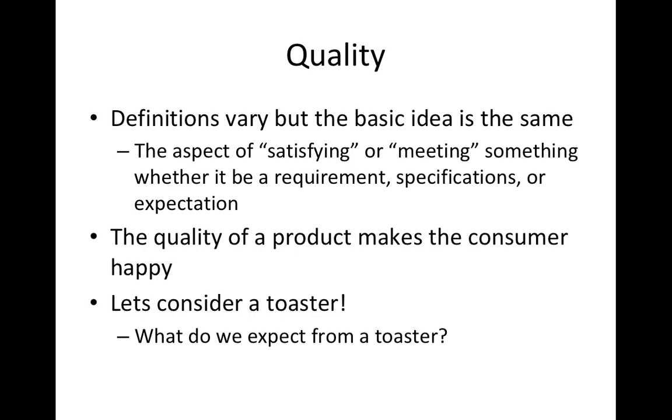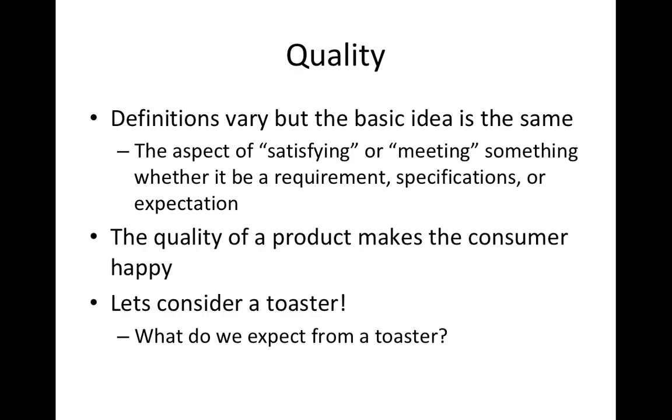One of the things I like to talk about is toasters, right? It's a basic, really simple thing. Everyone knows what a toaster is. If you don't, it's that thing that toasts your bread in the morning, right? Now, what types of things do you expect from a toaster? Some people have those super fancy toasters that put smiley faces into their bread, and that's what they expect out of their toaster.